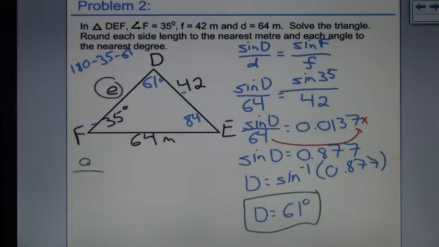So e over sine E equals, and why wouldn't I use f over sine F? They're the two given in the question, so I'm better to use that. So I would get 42 over sine 35.